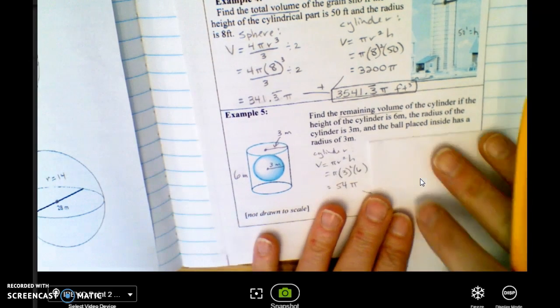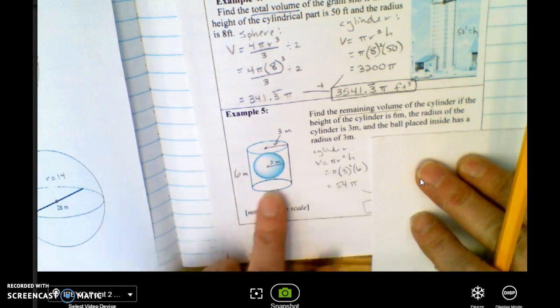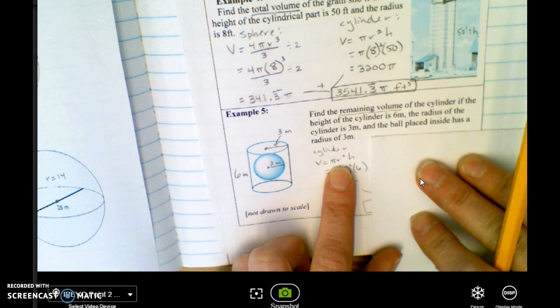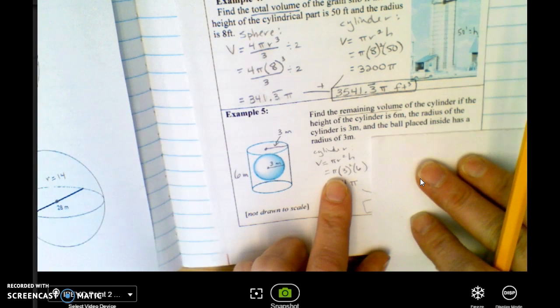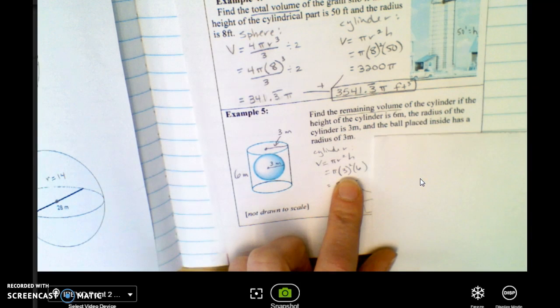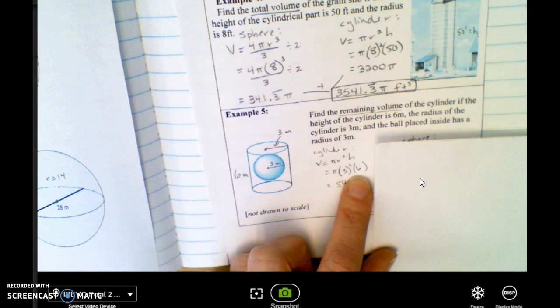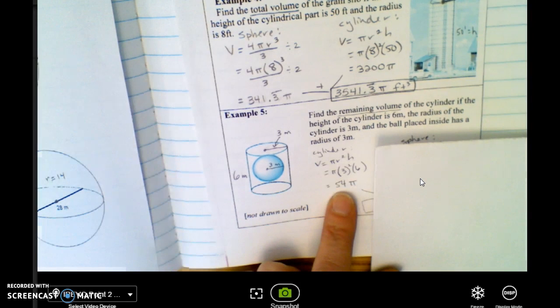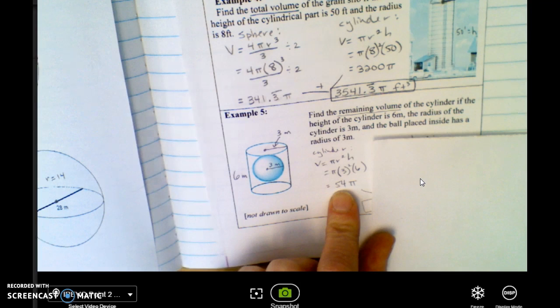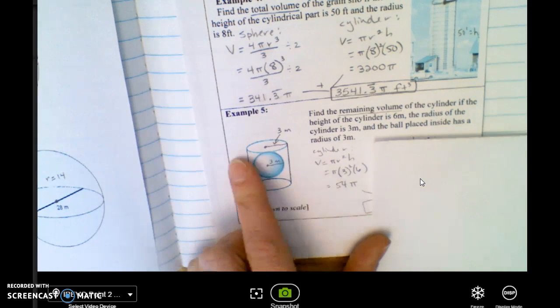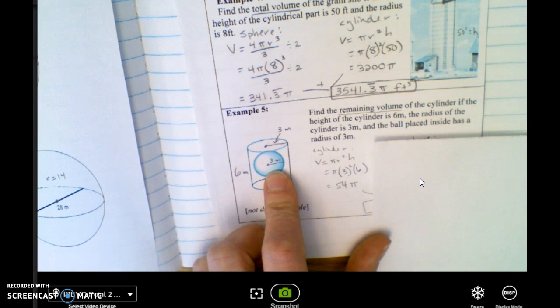So I decided to work on the cylinder first. My formula for volume of a cylinder is pi r squared h. My radius again is 3, so I've plugged in my 3. I'm going to make sure we square it and we multiply by 6. Leaving it in terms of pi, again, is going to make it a little bit easier to work with our next step. I get 54 pi for the volume if this cylinder was empty.